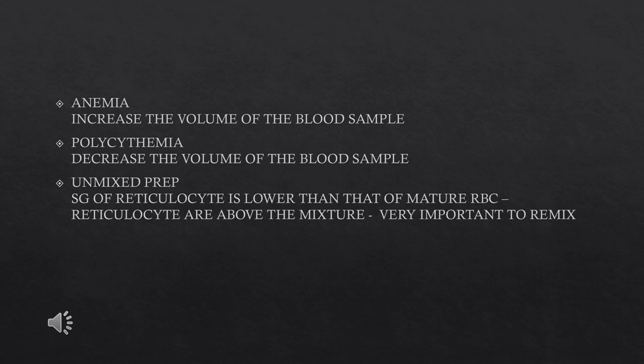It is very important to mix the solution so that it homogenizes. Once you don't get the sample properly and it's unmixed, the reticulocytes are on top and you won't be able to count them. What you're going to get won't be correct anymore.